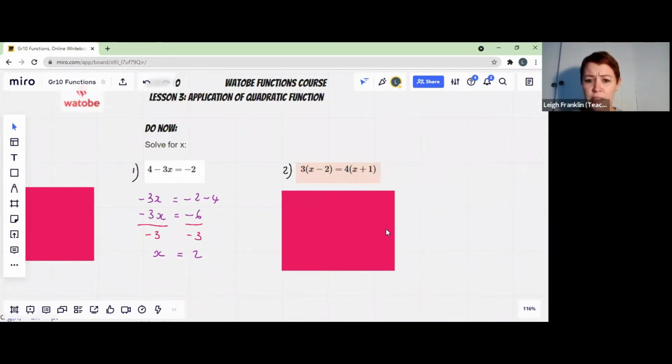What did you get x is equal to? You can type it into the chat. Kelebohile, you got -3. Thank you for putting your answer in. Anybody else? Marisa, you got -6. And Tlafatso, you got -10.